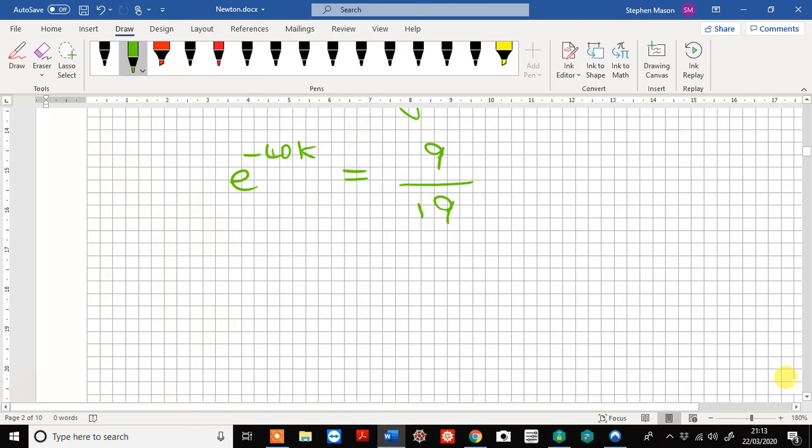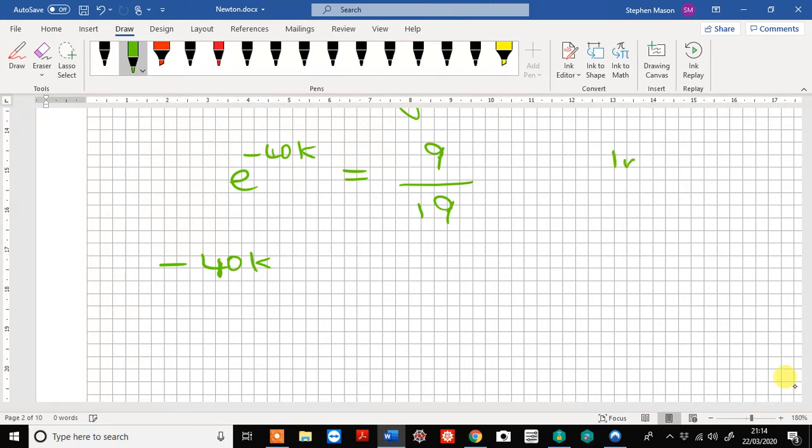And so we can now take logarithms. So we've got minus 40k, because when you take logarithms of an exponential to any number, you just get that number.